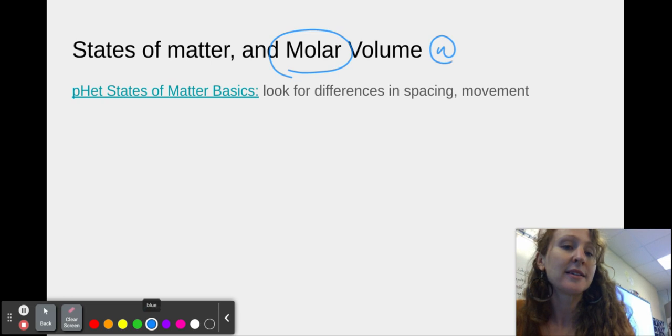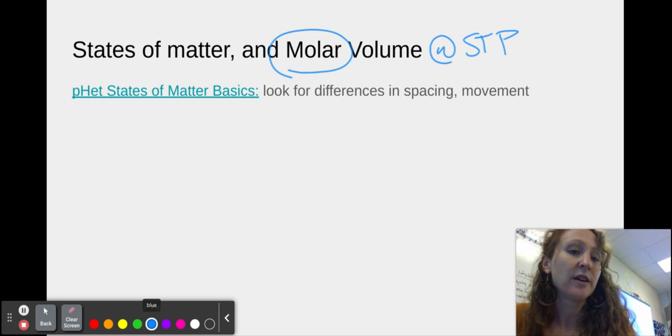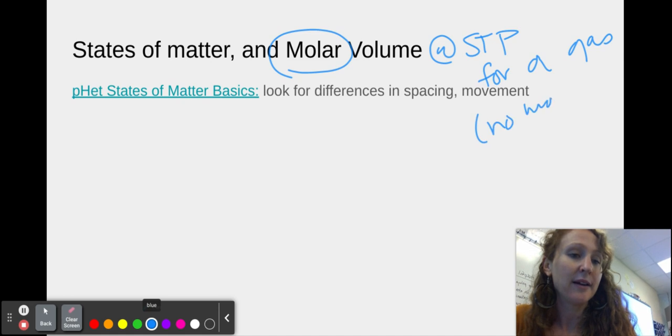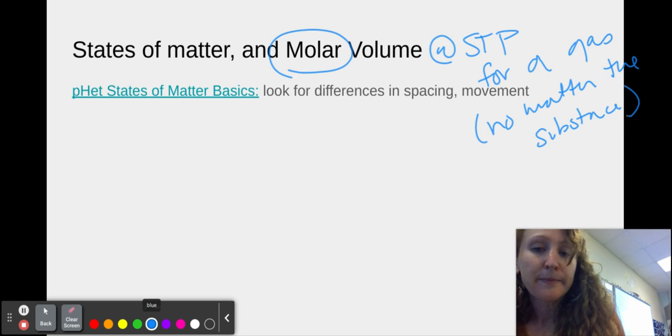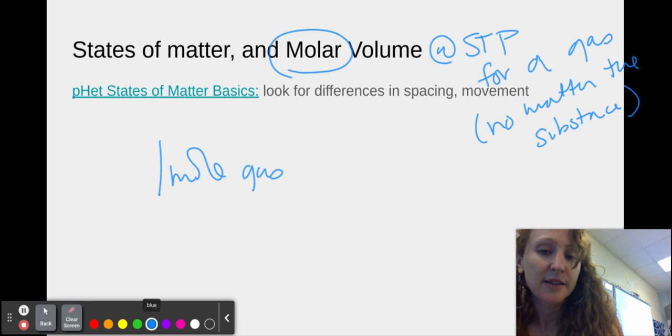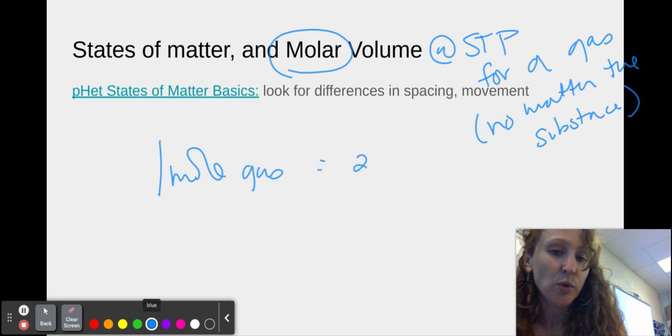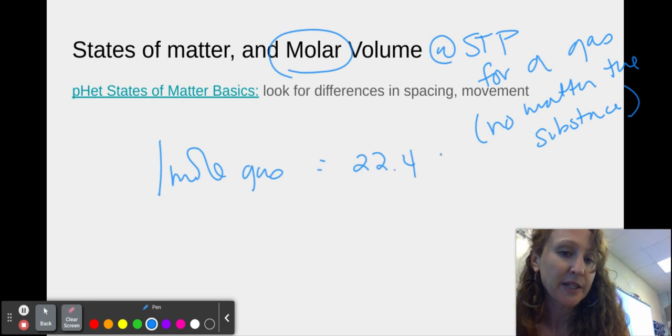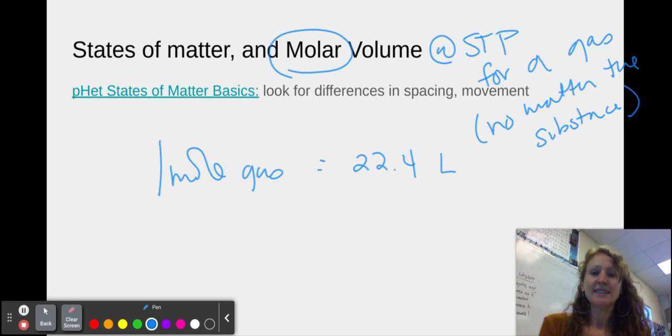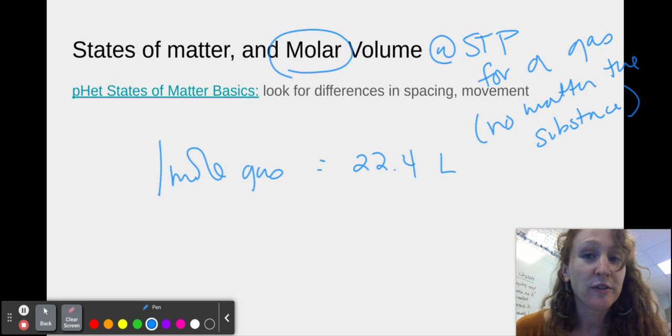So at STP, for a gas, no matter the substance, 1 mole of that gas is going to take up about 22.4 liters. And that, my friends, is a molar volume.